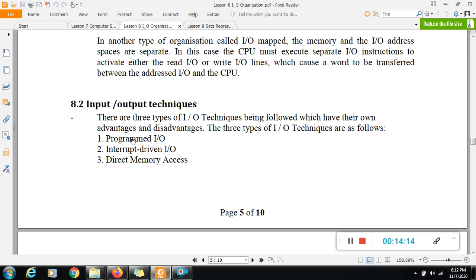In programmed I/O, both the input-output and the CPU have a register, so it's like they are working as separate devices, and the CPU could keep on waiting for the I/O to return.